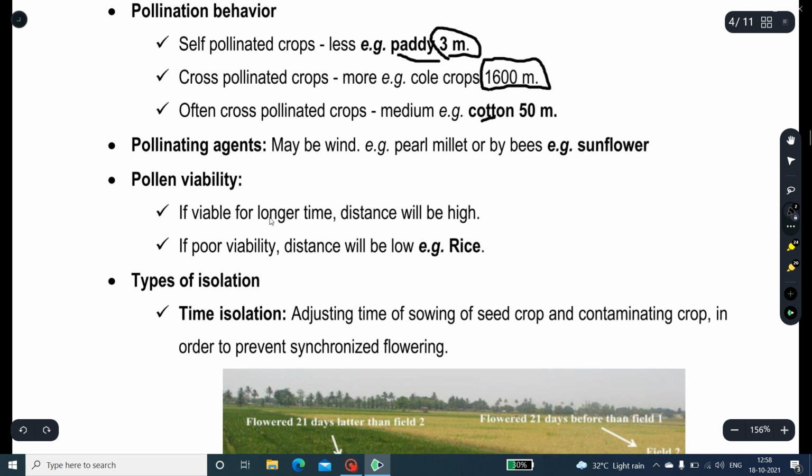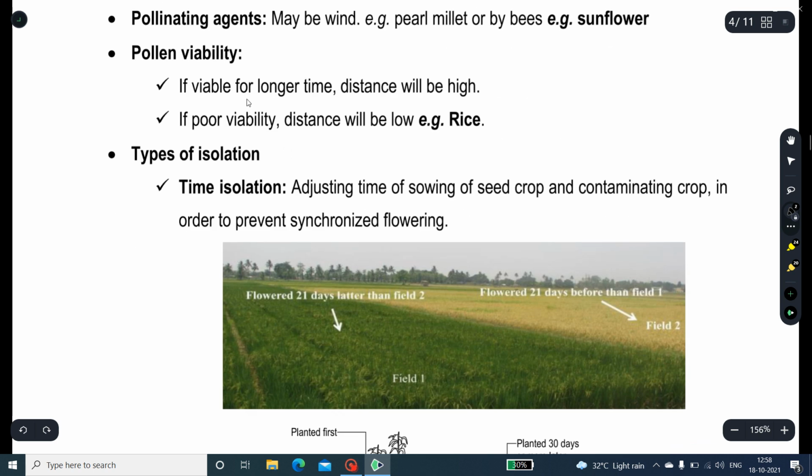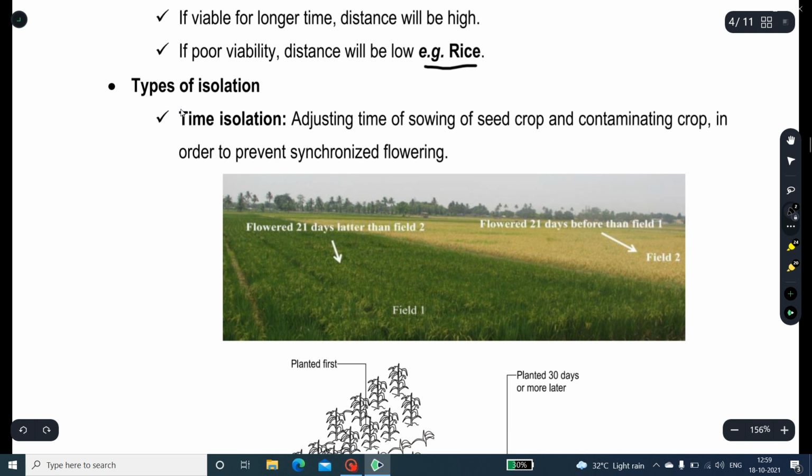And for pollen availability, if the pollen is viable for a longer time, the distance will be high. If the pollen viability is poor, meaning it is viable for a short time, the distance will be low. For example, rice.